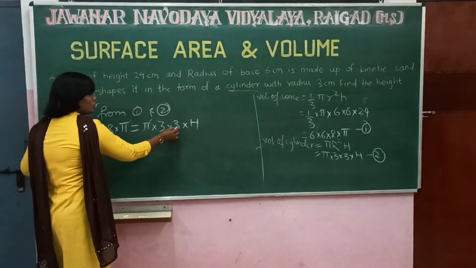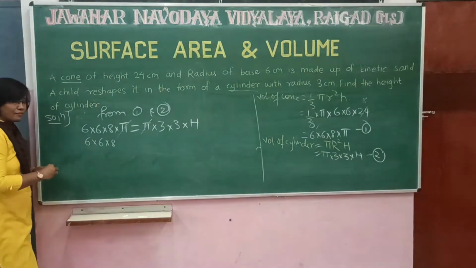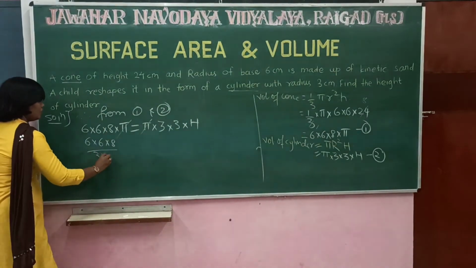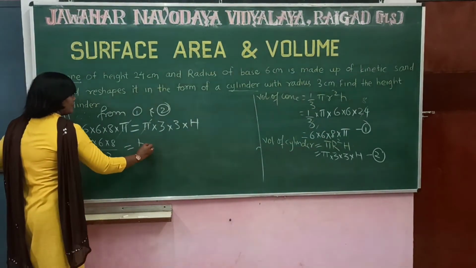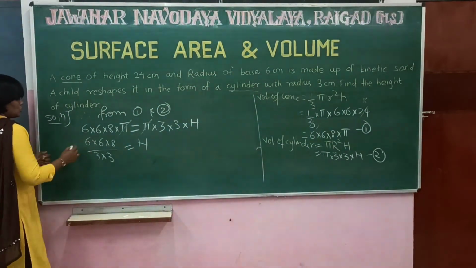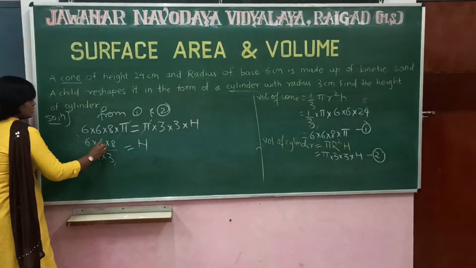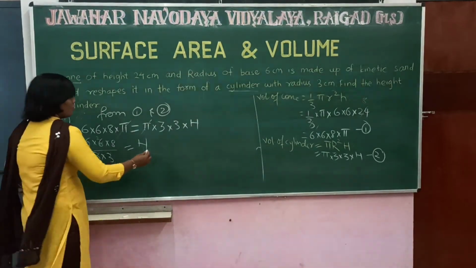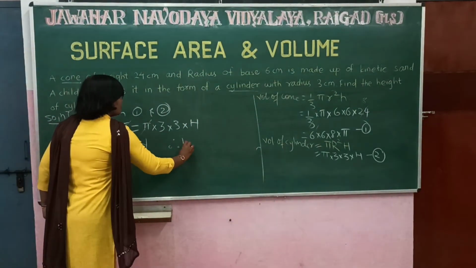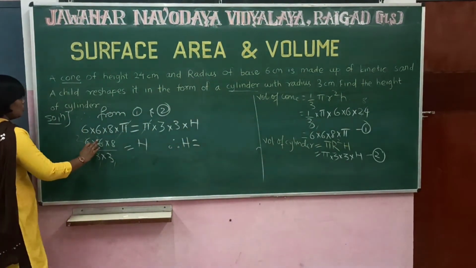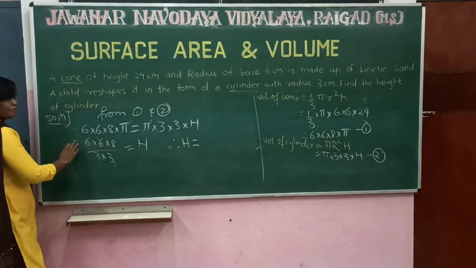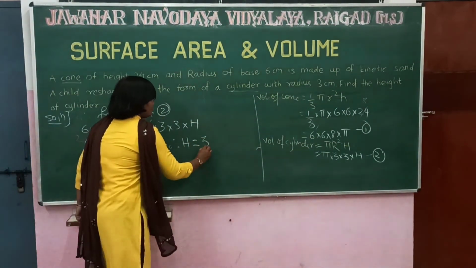This 3 into 3 multiplied here, when it comes to the left hand side, becomes upon 3 into 3, and that is equal to capital H. So we can cancel it here: 3 ones are, 3 twos are, 3 ones are, 3 twos are. So therefore, the value of H will be 8 into 2, 16, 16 twos are 32.